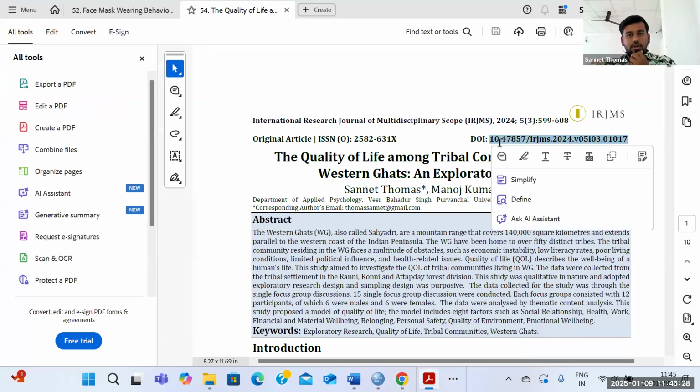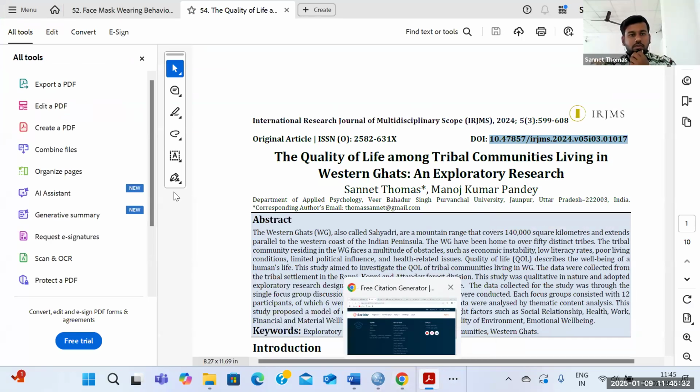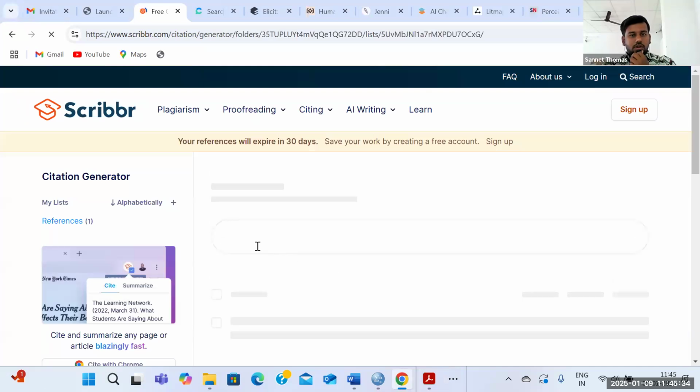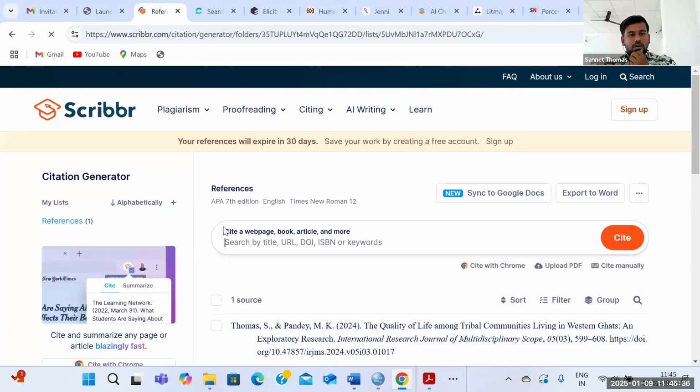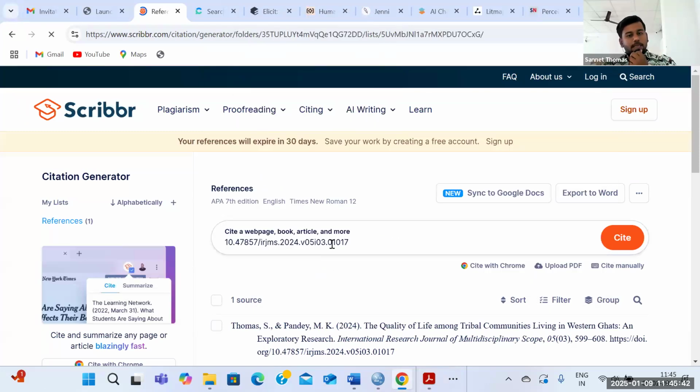In every article nowadays you can see the DOI number, digital object identifier number. Once the window comes, you can put the DOI number or the website link or the web page, whatever information is available. Here I have pasted the DOI number of my article.